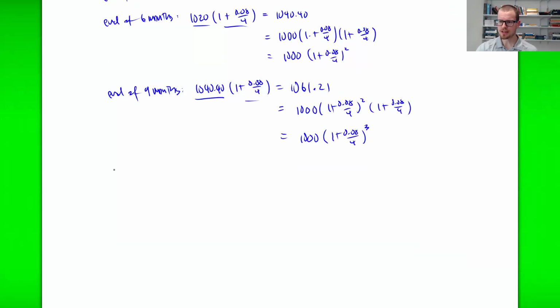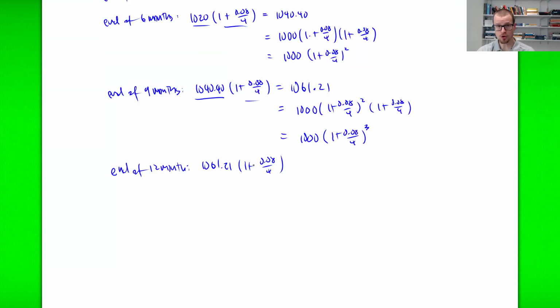So to complete the passage of time, the end of 12 months, the end of the year that the money is traveling through, we take that previous balance of $1,061.21. We multiply it by the 1 plus 0.08 over 4, right?